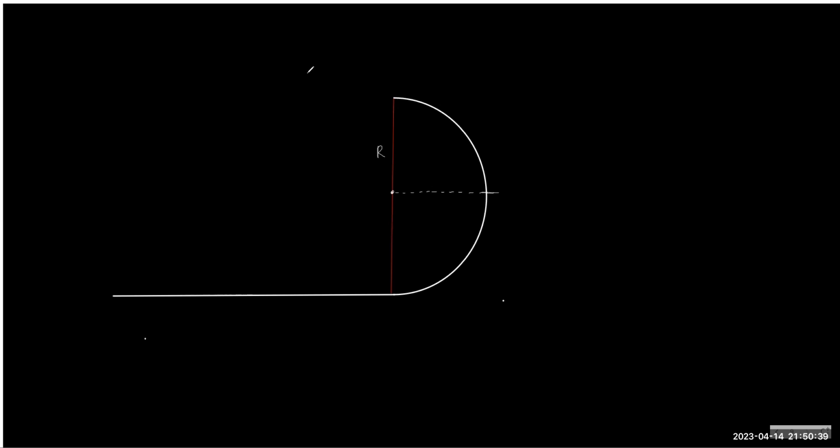So let's say there is a block, a tiny block, we know the dimension.